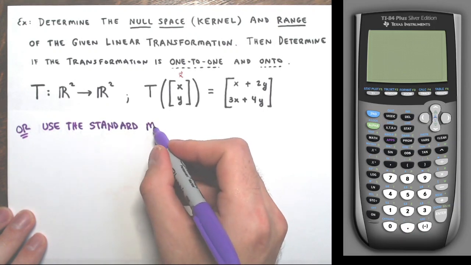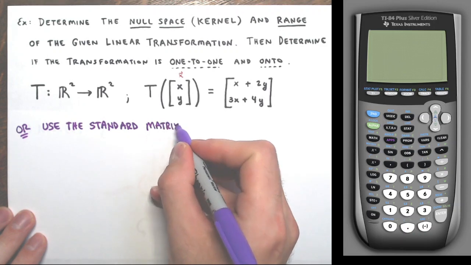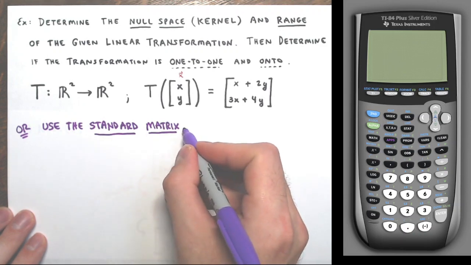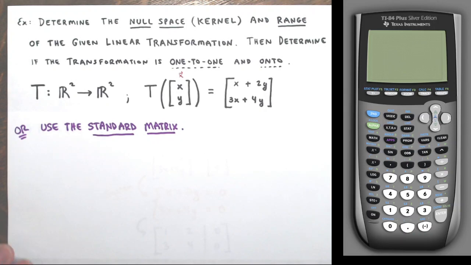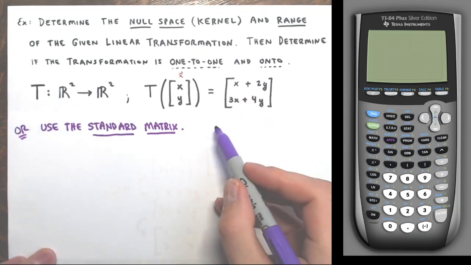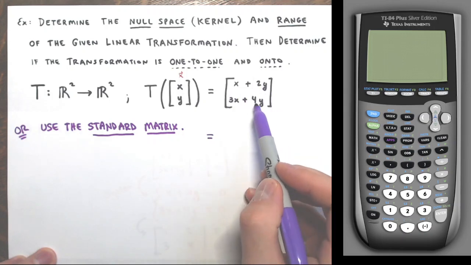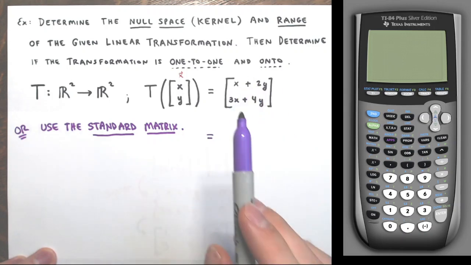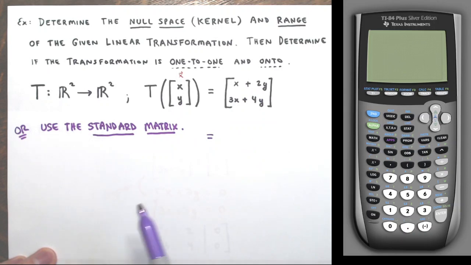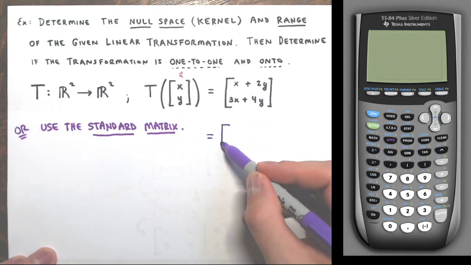And I'll be doing this for the rest of the video. If you have a linear transformation, that means you should be able to represent the transformation as a matrix transformation, meaning I should be able to write the output vector as a matrix times the input vector. I can do that here very easily.